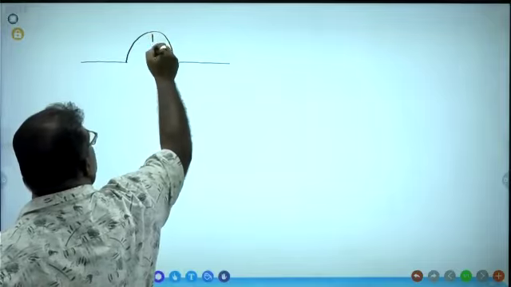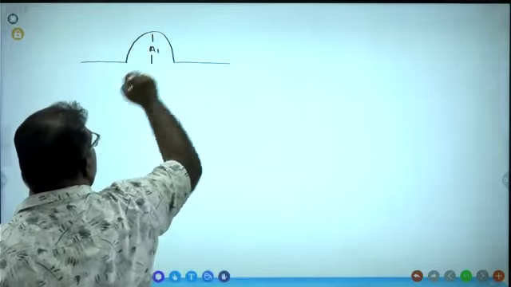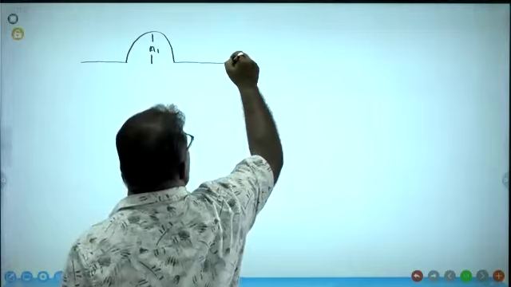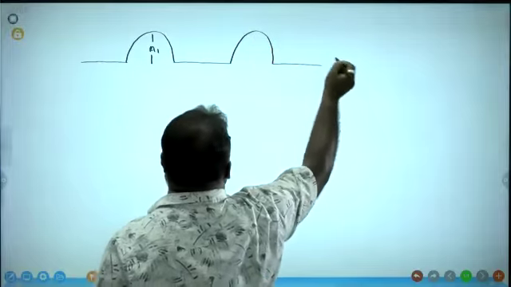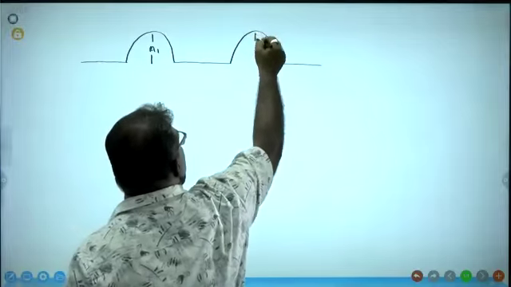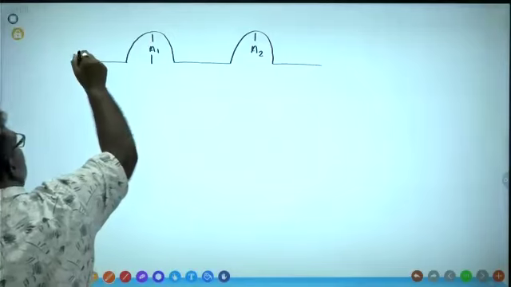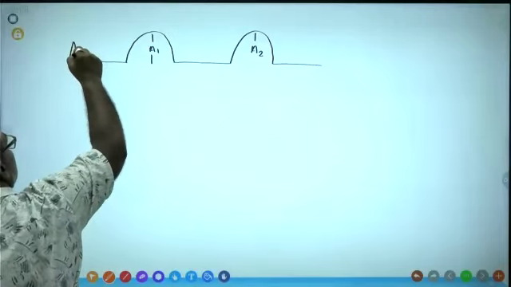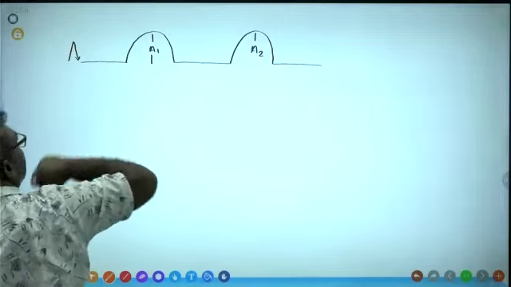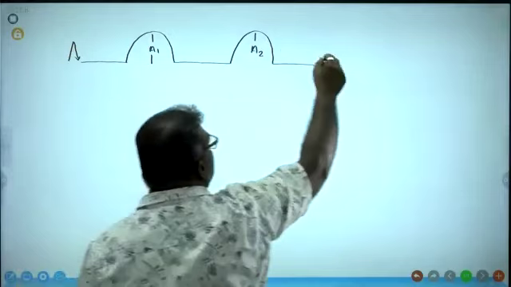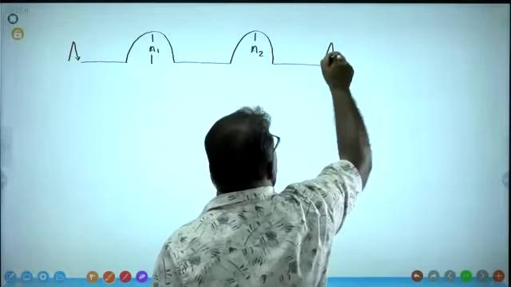This wave pulse has the amplitude A1. Here we have another wave pulse with the amplitude A2. This one is vibrated by using this kind of vibrator, and this is also generated by using this kind of oscillation.